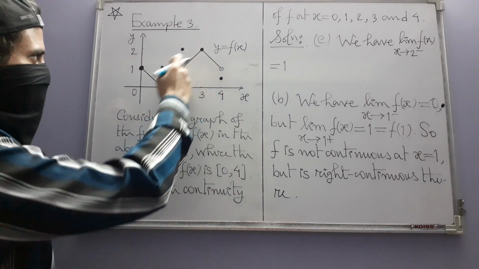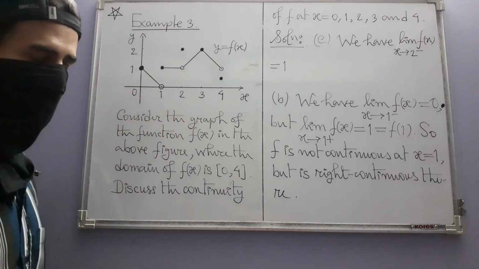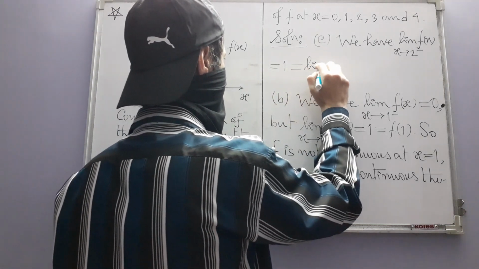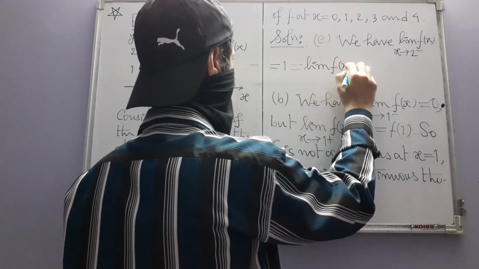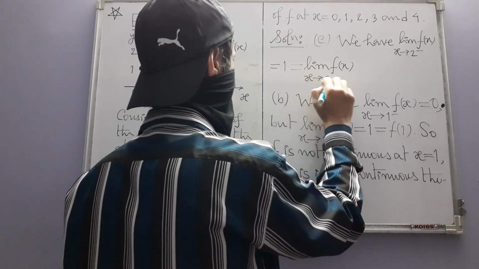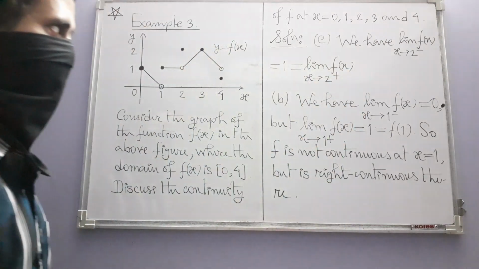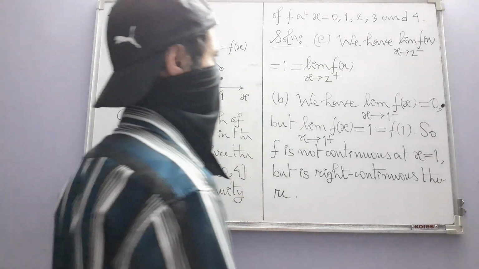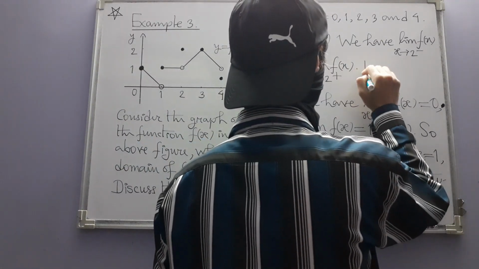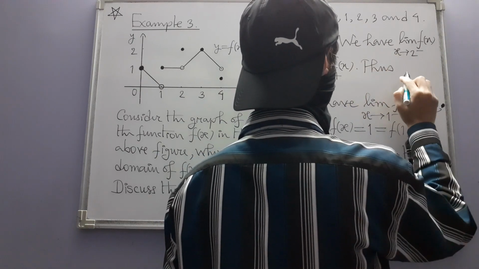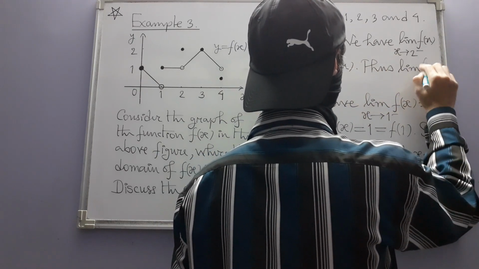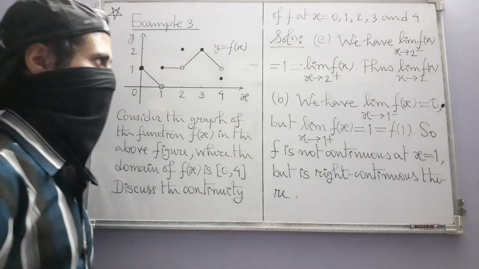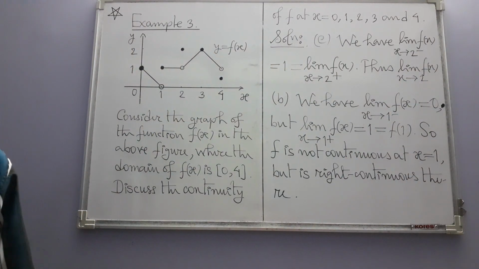If we come from that side towards 2, then also the limit is 1. And that's why in this case the limit exists. Thus, that means the two-sided limit at 2 exists and it is equal to 1.